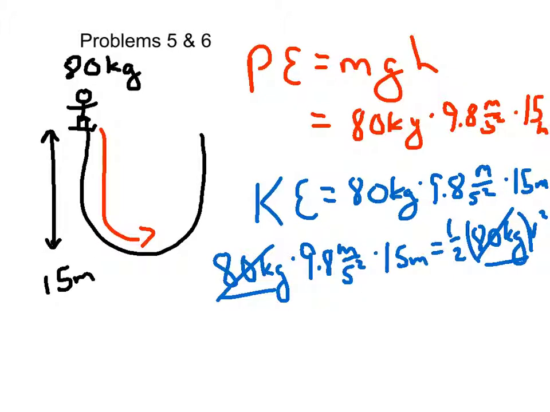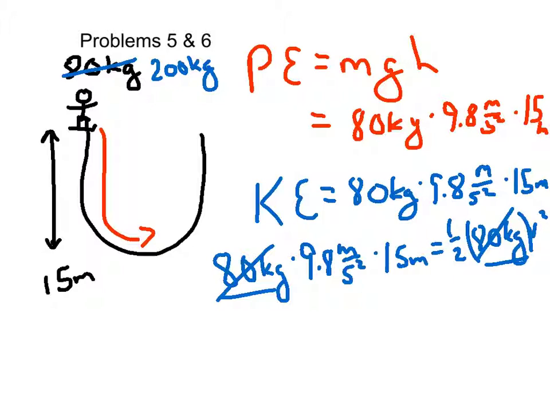We'll take a closer look at that later, but understand that essentially mass does not matter. If this skater were 200 kilograms up at the top, they would be going just as fast at the bottom as the 80 kilogram snowboarder, assuming no outside factors, no friction, etc.